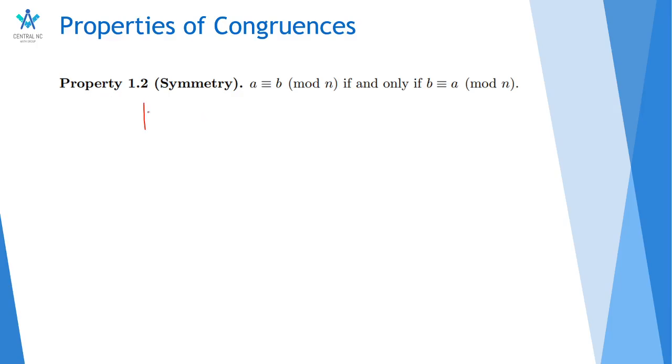So if B is congruent to A mod n, that means n must divide their difference, which is B minus A. Well, let's look at the congruence A is congruent to B mod n.